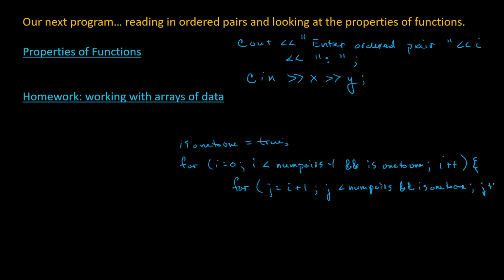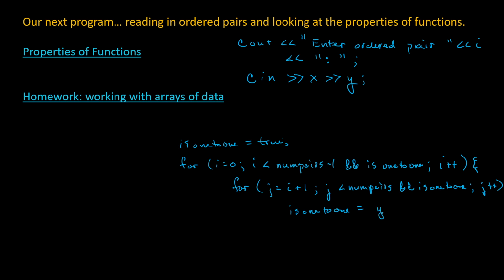j plus plus. And inside here, all I have to do is set is 1 to 1 equals, let's say that I called my second value of ordered pairs my array of y values.